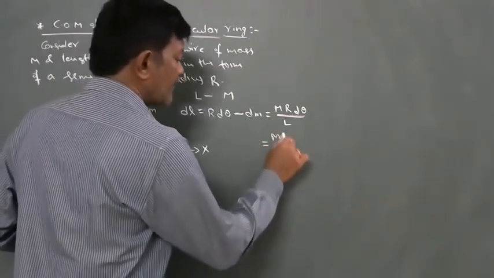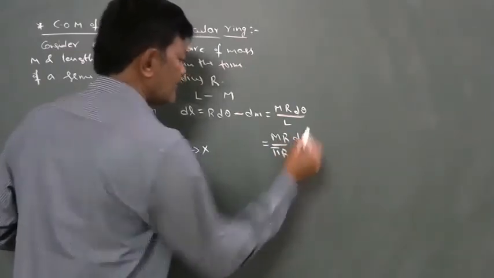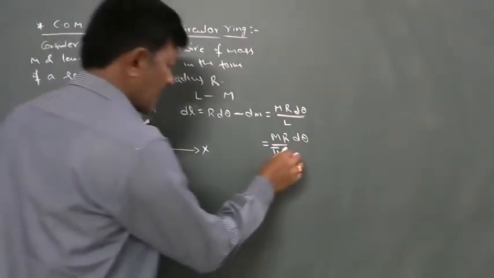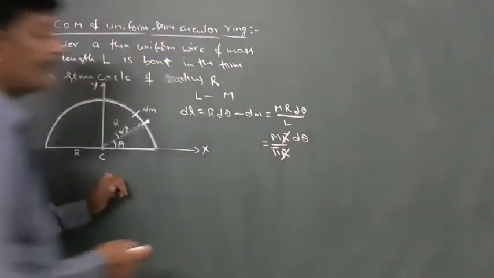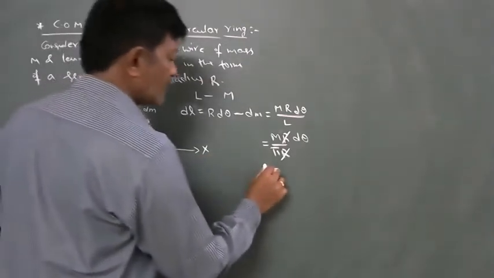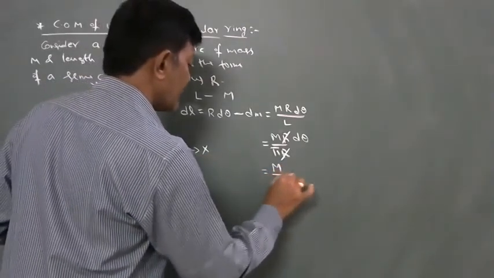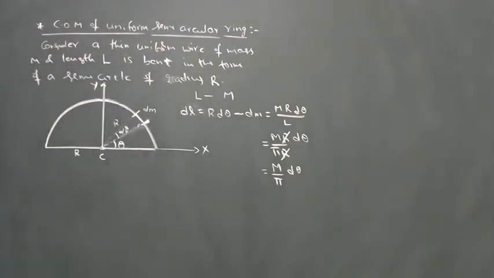This is equal to m r by pi r into d theta. R gets cancelled. M by pi r into r d theta. So that is equal to m by pi d theta.